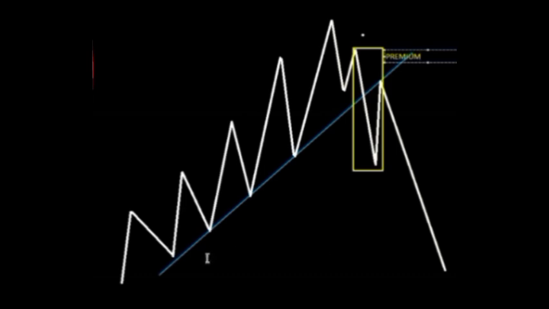You enter at that point and you target the last liquidity point. That means the last point where price hits the trend line. This works almost all the time. It's easy and simple.